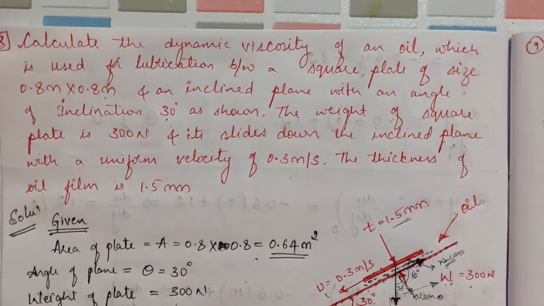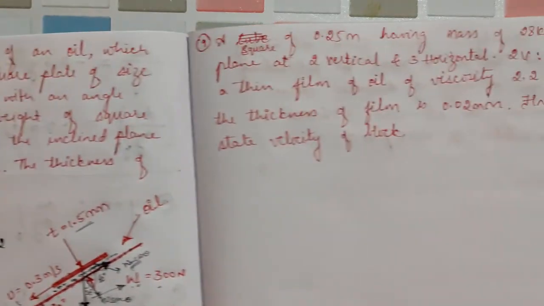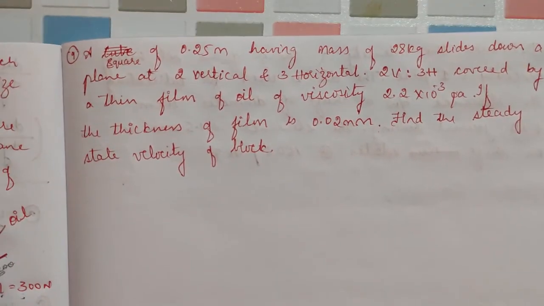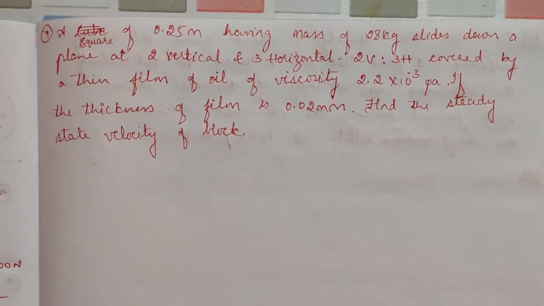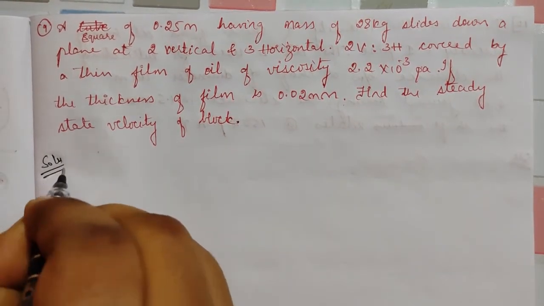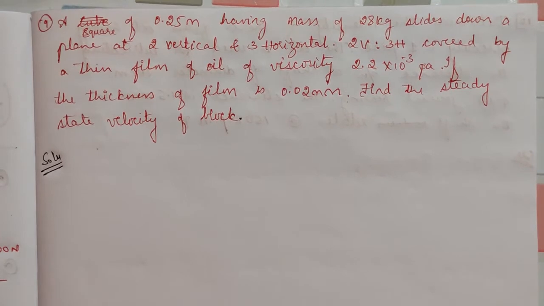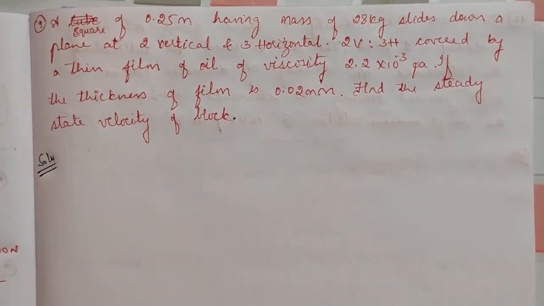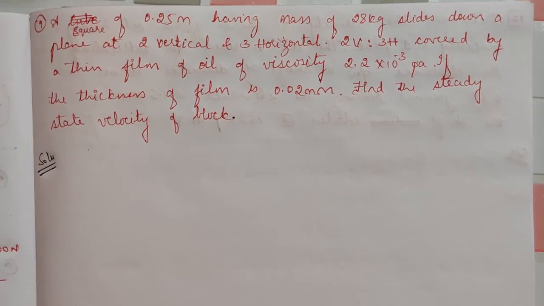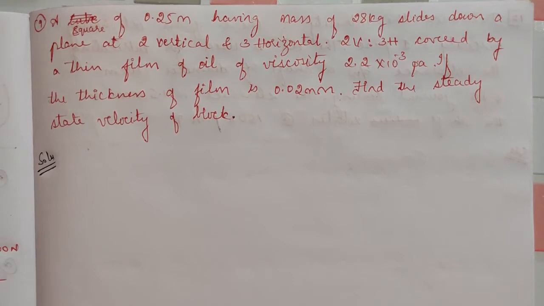Okay, so I have written another question also, the 9th one. So we will solve this problem also. See, first we will note down what is given. A square, I have written as cube, sorry, a square of 0.25 meter having a mass of 28 kg slides down a plane at 2 vertical and 3 horizontal.